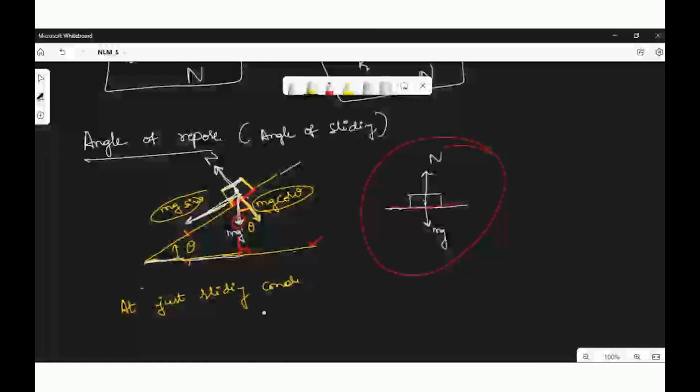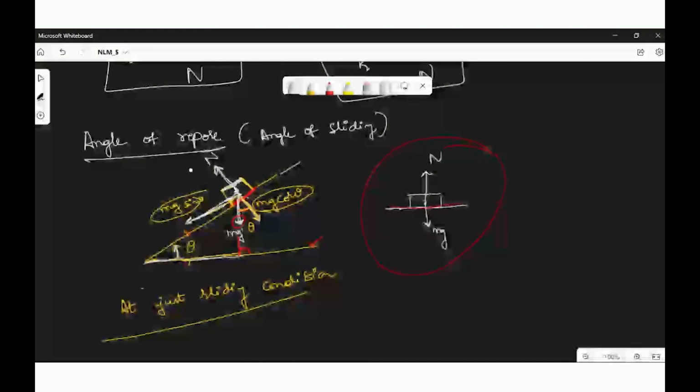I think I didn't tell you what the angle of repose is. Your angle of repose is that angle theta at which your object will just start to slide. We keep increasing the angle slowly and observe it. At some point it just starts to slide, and that particular angle is called the angle of repose.